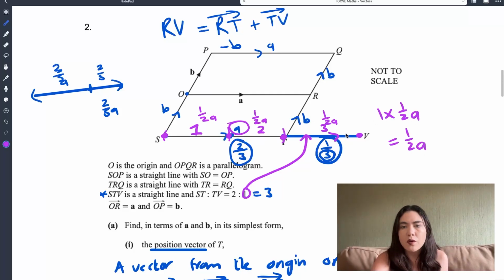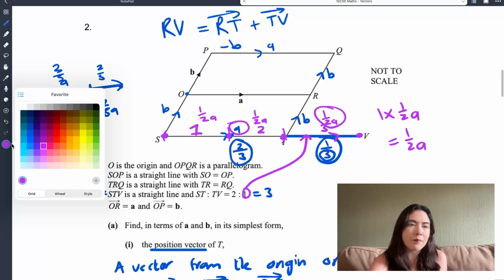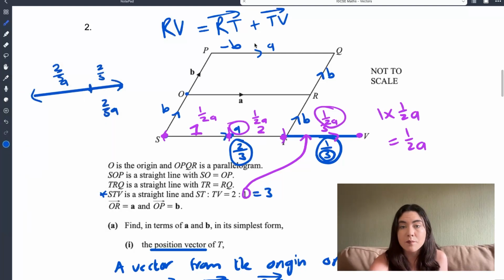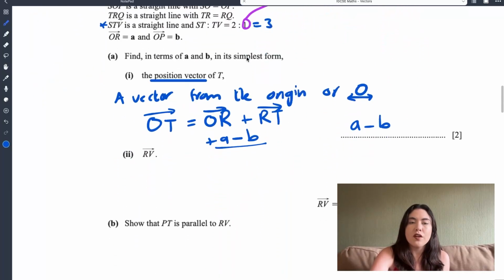So T to V is a half of a. I hope that made sense. This is where vectors can get a little bit complicated, so please let me know down below in the comments if that didn't make sense and I can explain it in a better way. That gives us our answer. So R to V is minus b plus a half a.